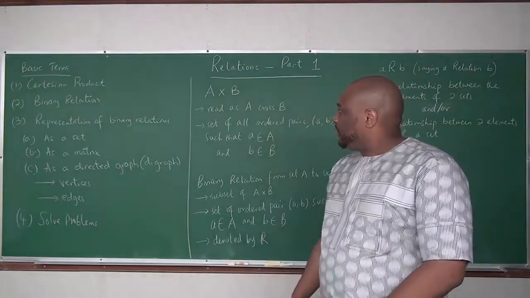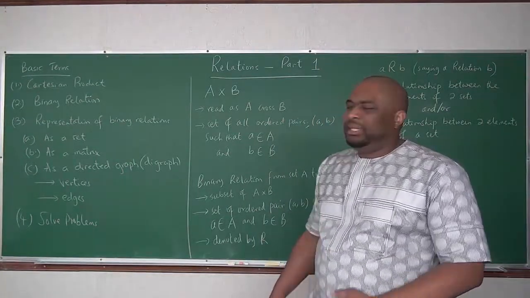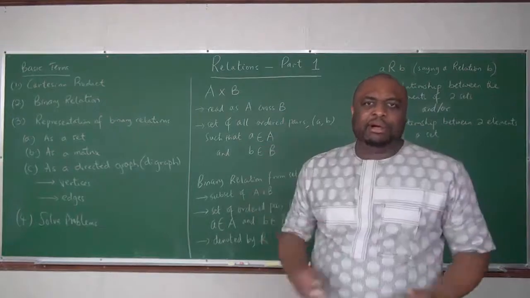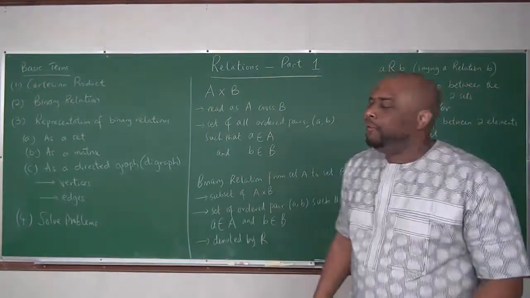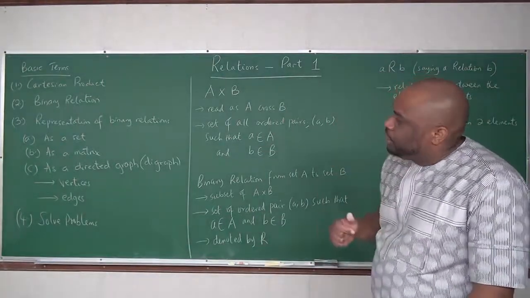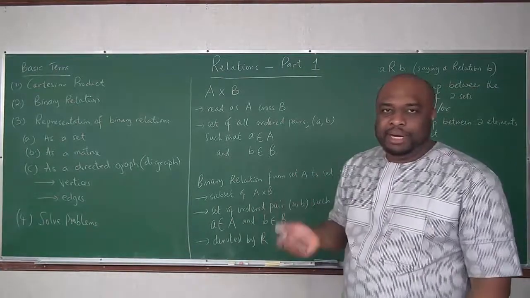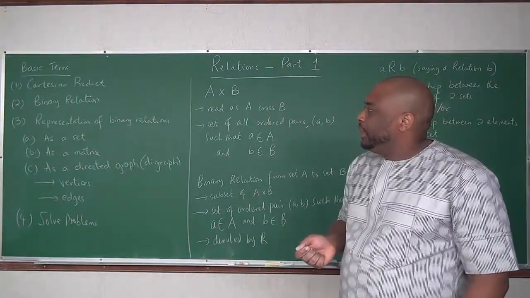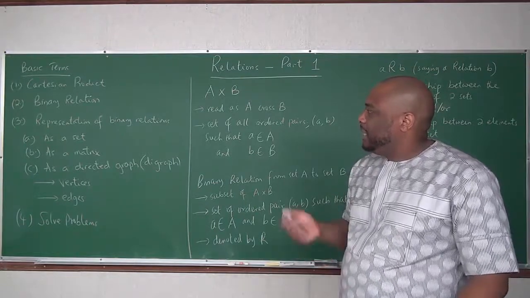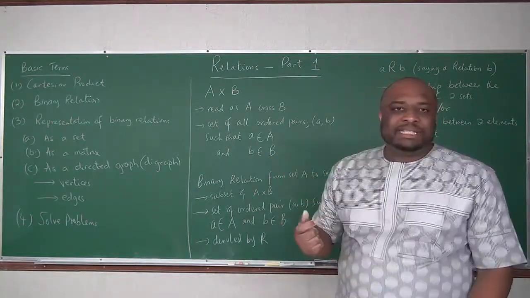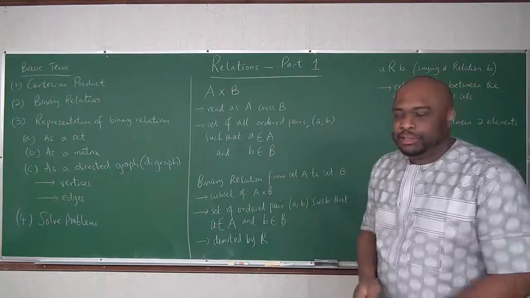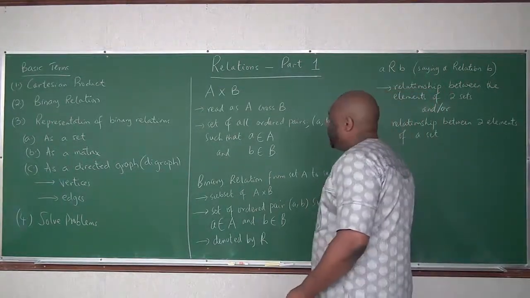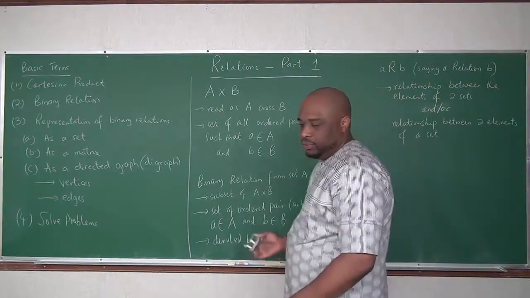This is just the concept of what Cartesian product and binary relation is all about. Let us do some problems, and then we can go to representation of binary relations.